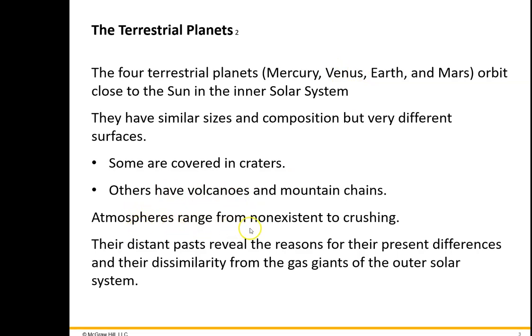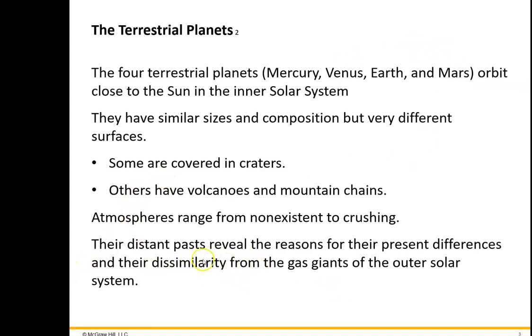Some have atmosphere, some don't. Venus has a much thicker atmosphere than the Earth. It's made mostly of carbon dioxide. Mercury has no atmosphere, and of course, Mars has a very weak atmosphere, but it's also made of carbon dioxide.